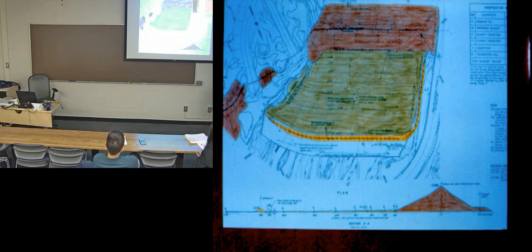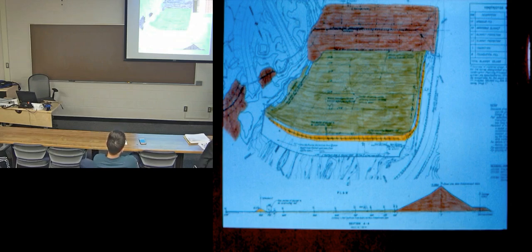This whole area was covered with a blanket, which was just made up of sand, silt, clay, boulders, everything that could be collected from around the area. And what was the idea? Here is the cofferdam.